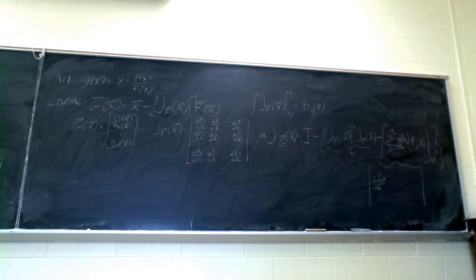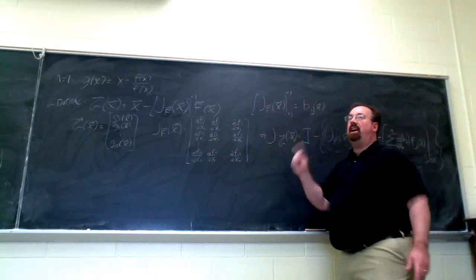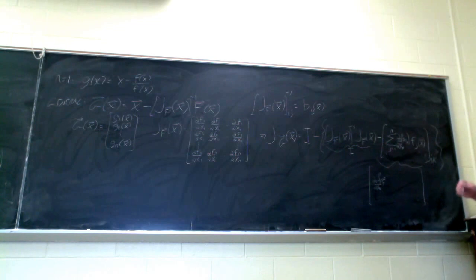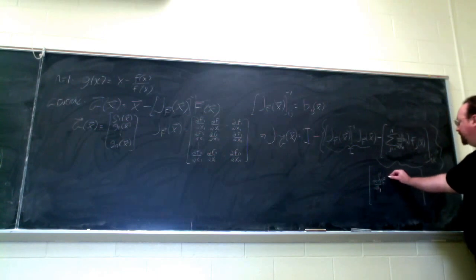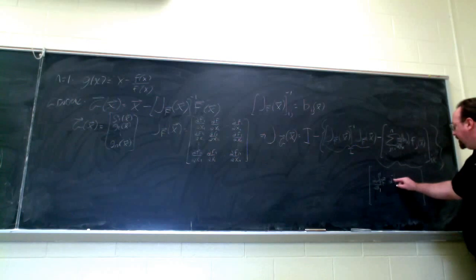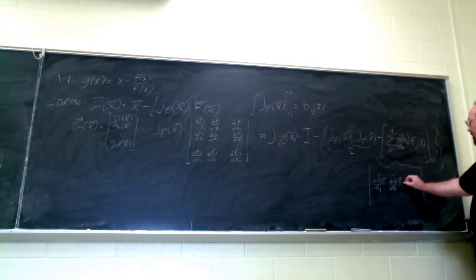In other words, if you take all the entries of this inverse matrix and differentiate them with respect to xk, then you're multiplying that whole matrix times f. That's your first column, or k equals 1 in this case. Second column is the derivative of the same inverse with respect to x2 times f. And so on, all the way down to the last column, the derivative of Jacobian inverse with respect to xn times f.